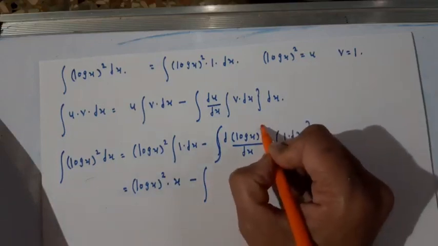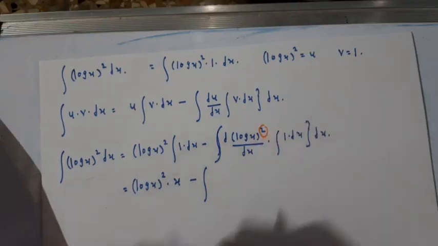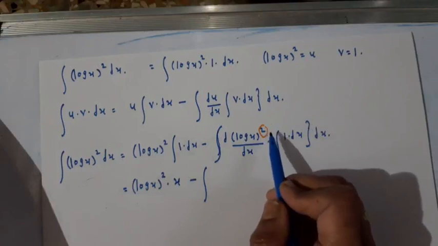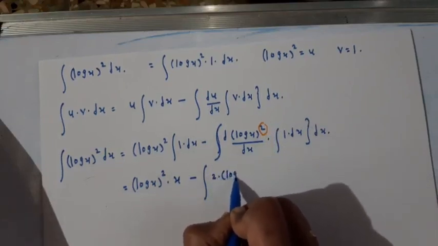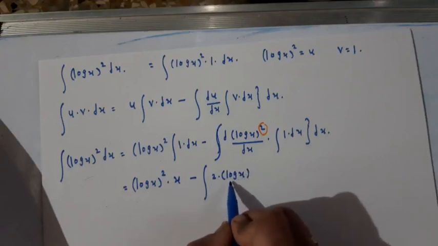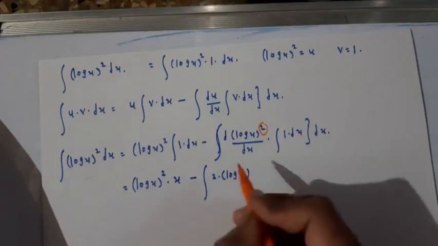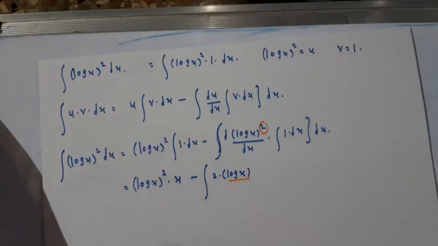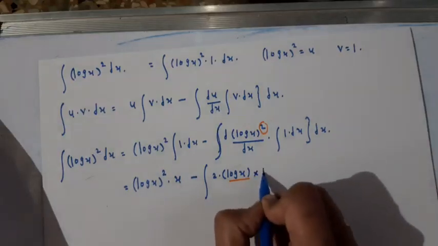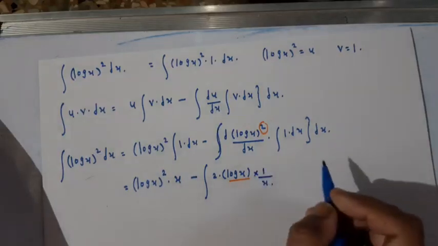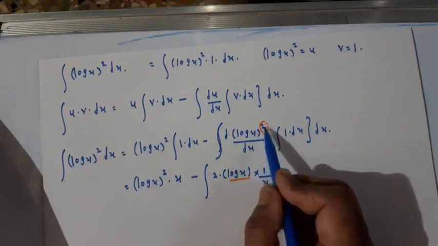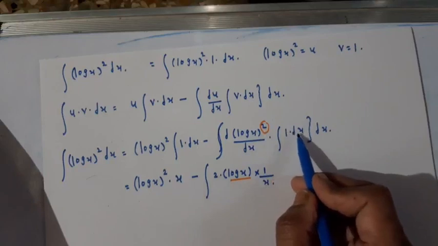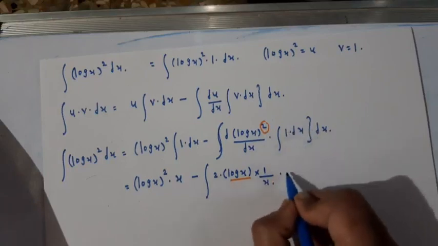Now first differentiate according to the power formula, that is n into x raised to n minus 1. So 2 into log of x raised to 1, meaning log of x, and this log of x is again a differentiable function, that's why its differentiation is 1 upon x. This is the differentiation of log of x whole square. Now the integration of 1 with respect to x is x.